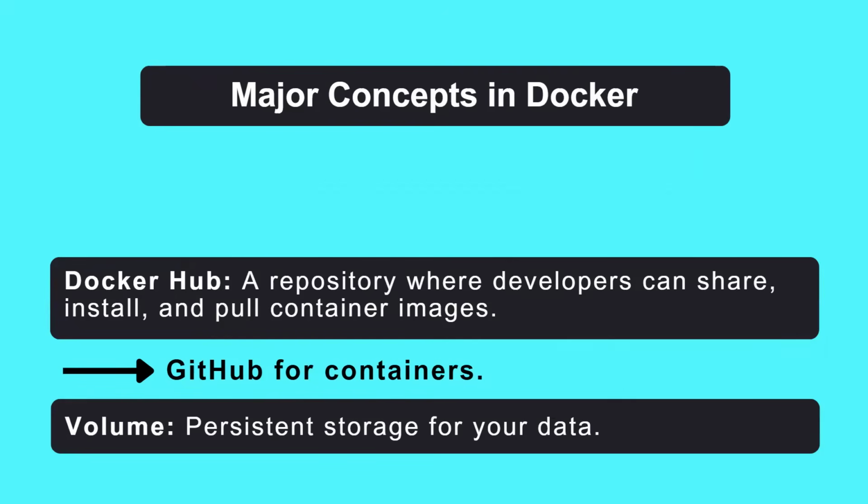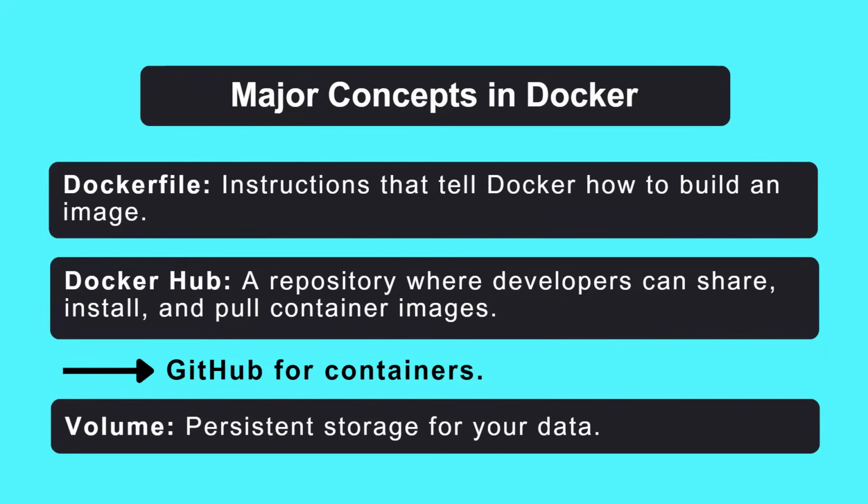Let's see what is meant by Docker Hub and Dockerfile. A Dockerfile contains the instructions that tell Docker how to build an image. We use YAML language to write a Dockerfile, as YAML is also a language that we use for multiple other purposes, so that is also useful in writing a Dockerfile. Inside the Dockerfile, we write YAML instructions that tell Docker how to build an image, and Docker Hub is a repository.